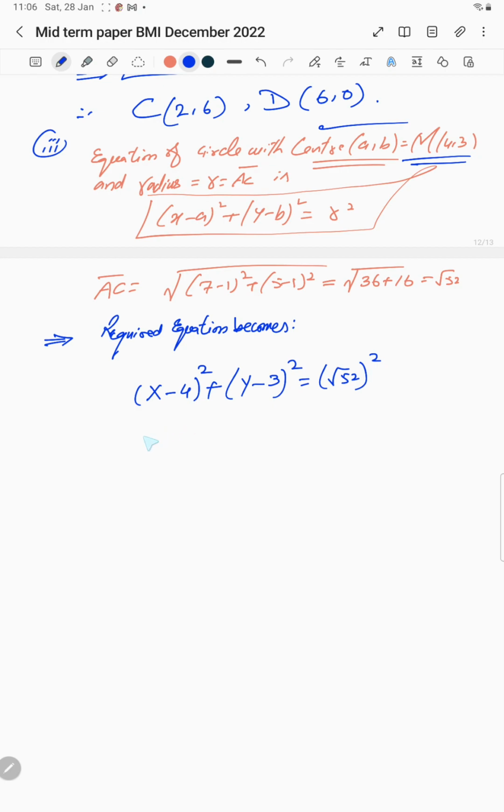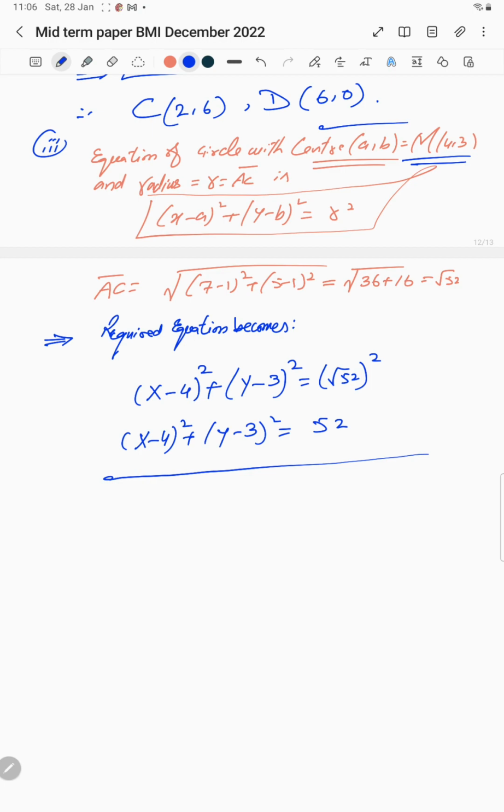So x minus 4 whole square plus y minus 3 whole square is equal to 52. Either you can simply expand this by applying the identities to make more simplification. So this is the final answer of the question. I hope it is clear.